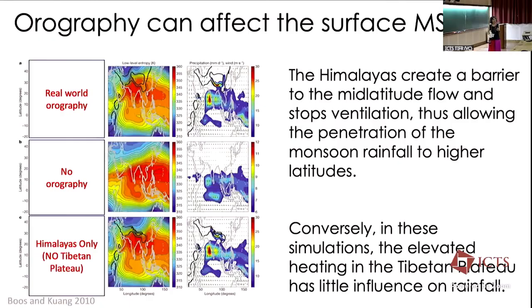In that respect, the barrier keeps the connection to the tropical ocean maybe more prominent than it is for Africa, where you have more of a connection to the northern interhemispheric gradient of SST.